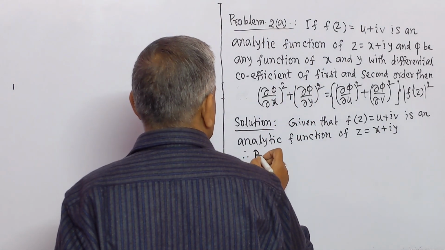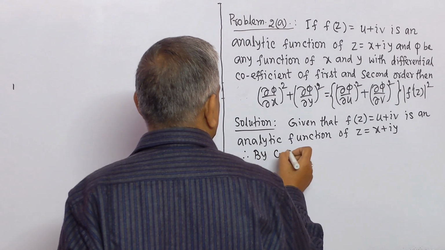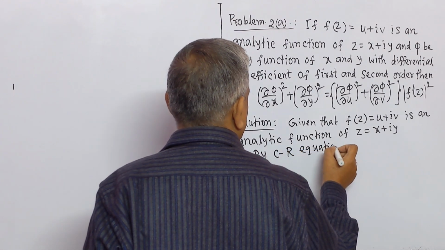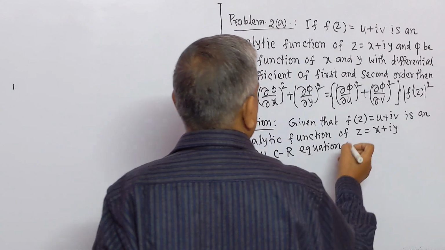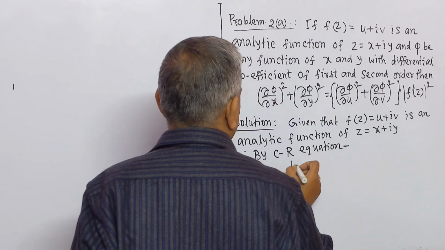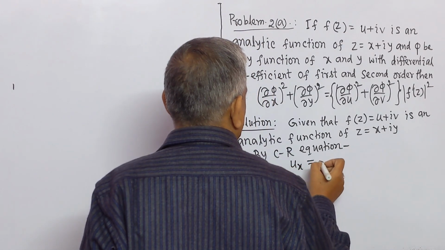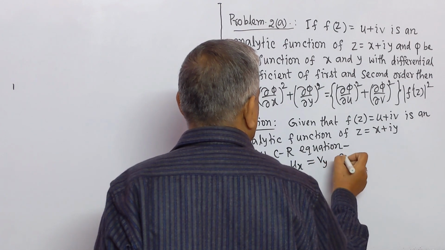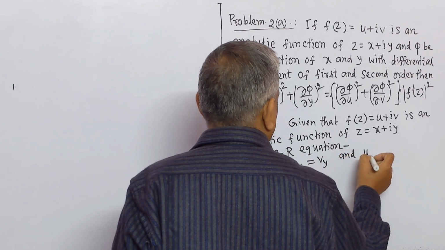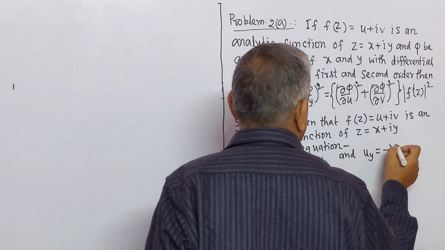Therefore, by the CR equation, Cauchy-Riemann equation, ux equal to vy and uy equal to minus vx.